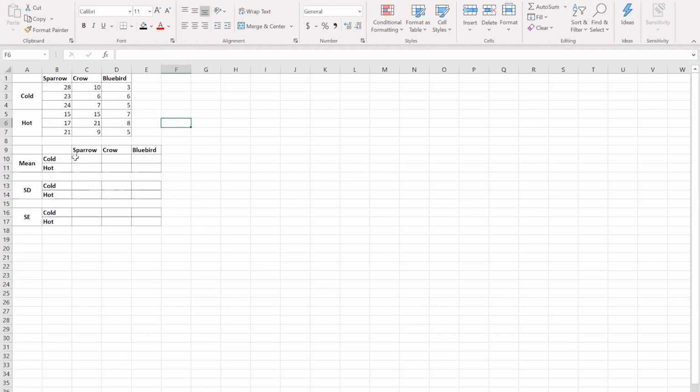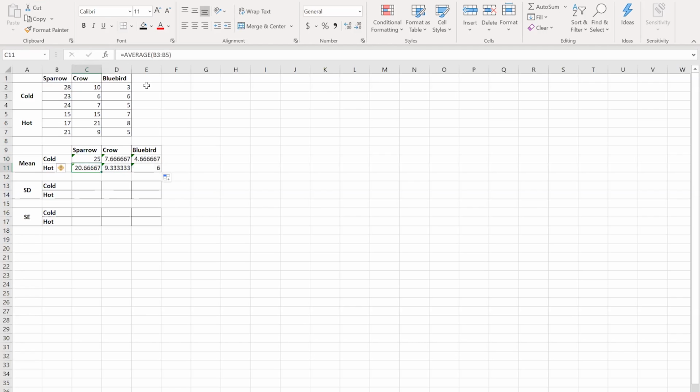Okay, good. So the first thing, if we're trying to create a figure for this, is we have to calculate the means. And we do that with the average function for each group. So those are the average.